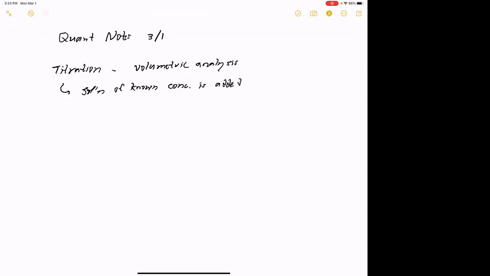We're going to add it incrementally using something like a burette to our analyte solution until we get a complete reaction.